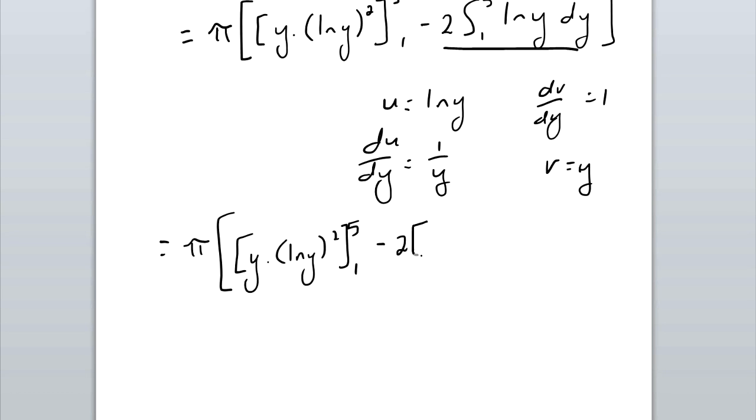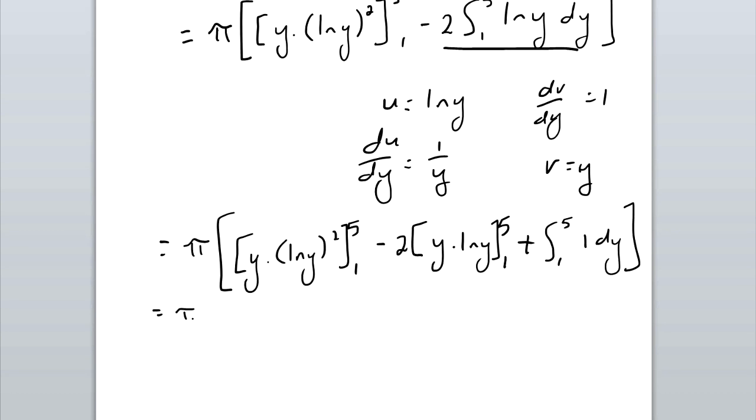U times v in this case is going to be y multiplied with natural log of y, upper and lower bound 5 and 1, minus, but remember there's already a negative in front of this, so instead of saying minus here, negative times a negative is going to give me plus, and the integral, upper bound and lower bound, of du dy times v. So if I have 1 over y times y, I just have 1 dy. So I'm going to integrate 1 in terms of dy, which I know is just y.